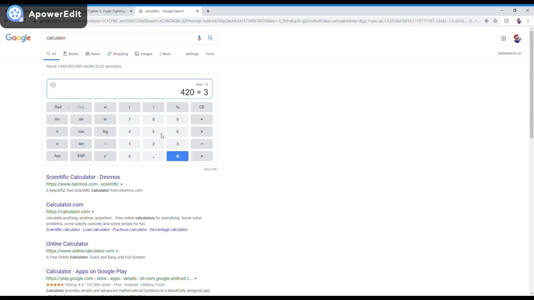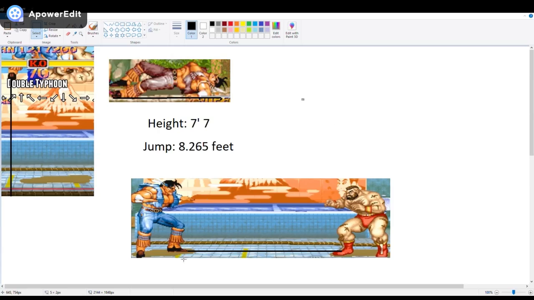So he's really tall. 420 divided by 385 gives us that. Then we multiply 91 by this number to give us how high he jumps, and that is 99 inches. So on average, he could jump 8.265 feet, and his height is 7'7".